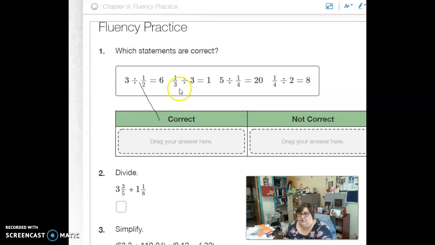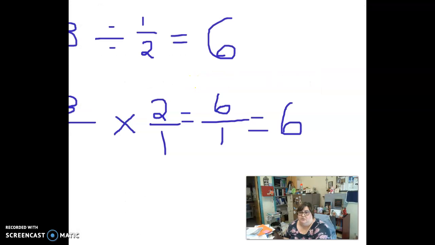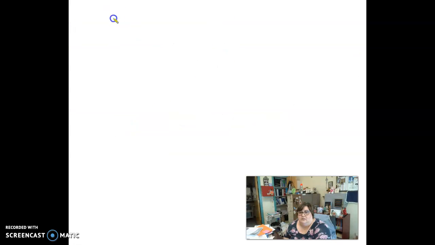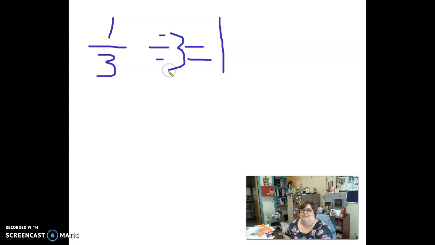Okay, so we can look at another one: 1/3 divided by 3 equals 1. So let's go back to the other screen. So we have 1/3 divided by 3 equals 1. Okay, same thing.